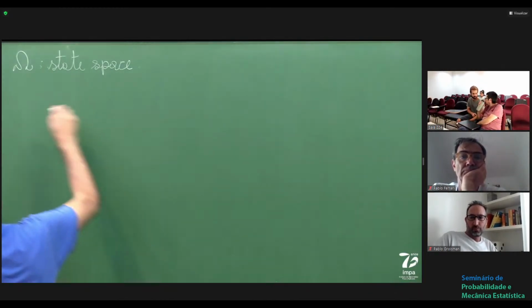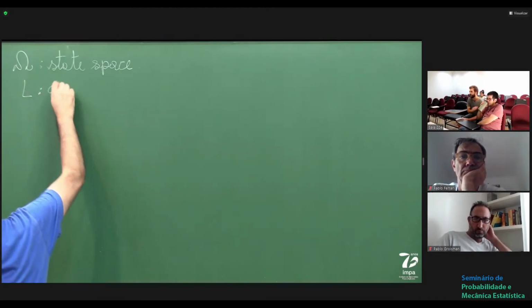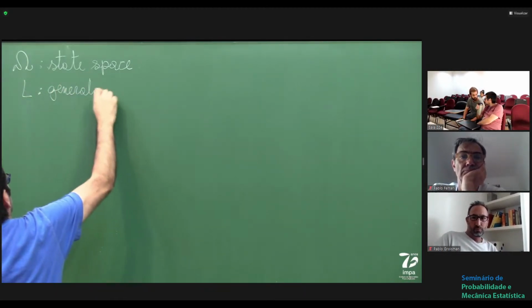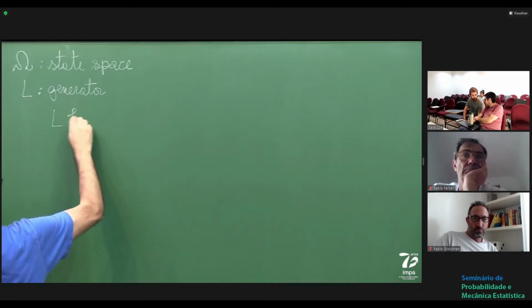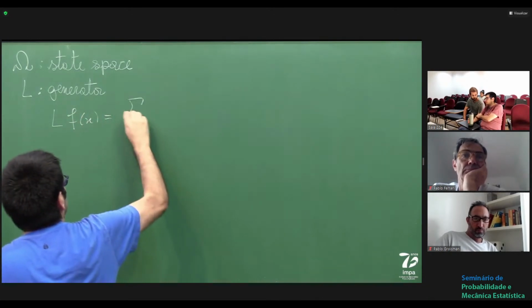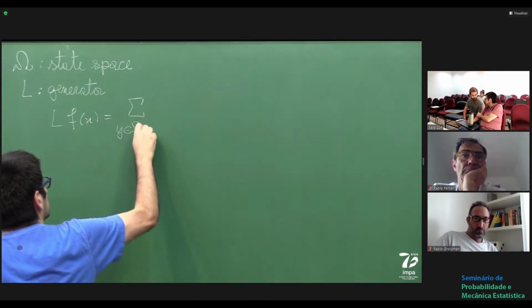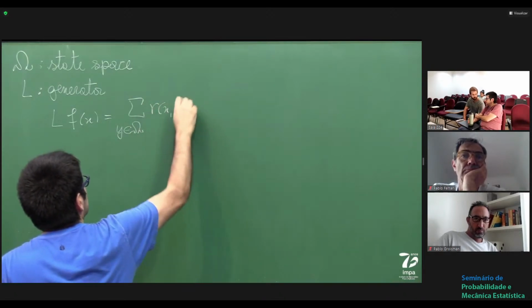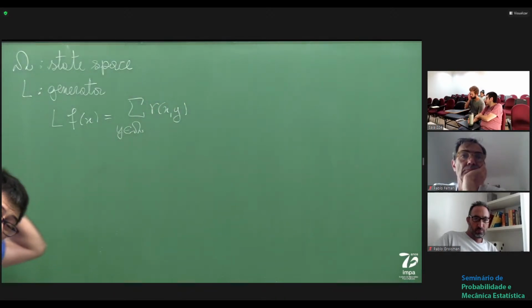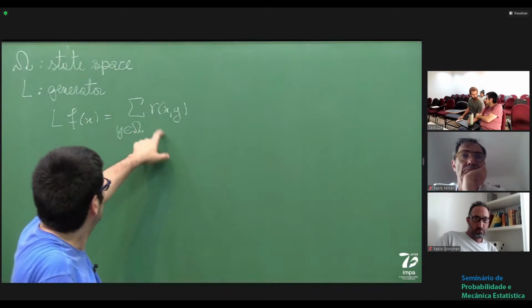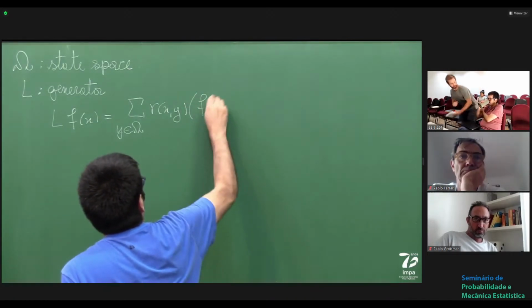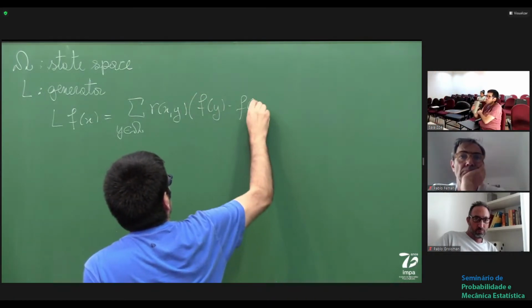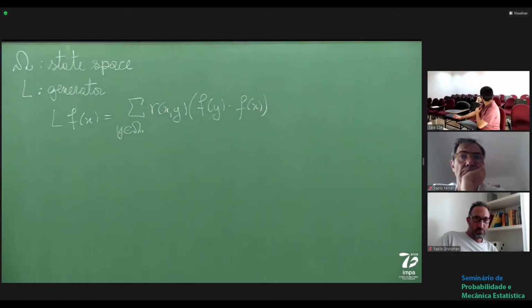I'm going to call L the generator of our Markov chain that is going to have the following form. So L f of x is going to be equal to the sum of the rates at which, so these are going to be continuous time Markov chains, so instead of probabilities we have rates. This is the rate at which you jump from x to y, and then you have the size of the jump in f when you do this jump.